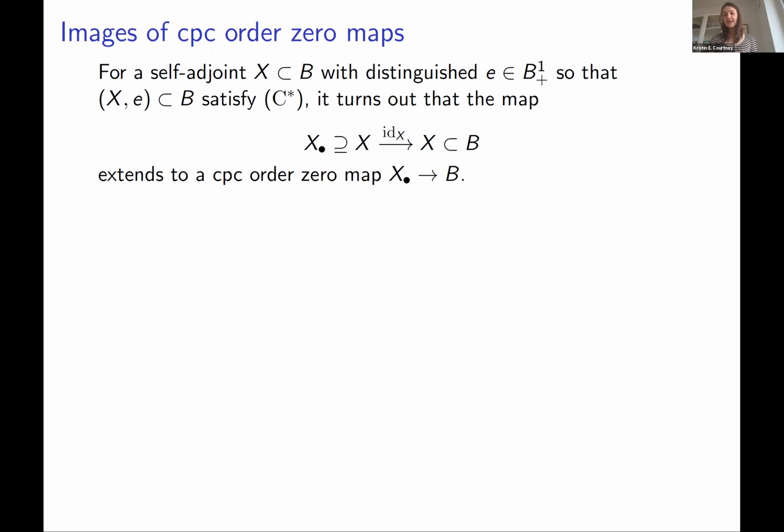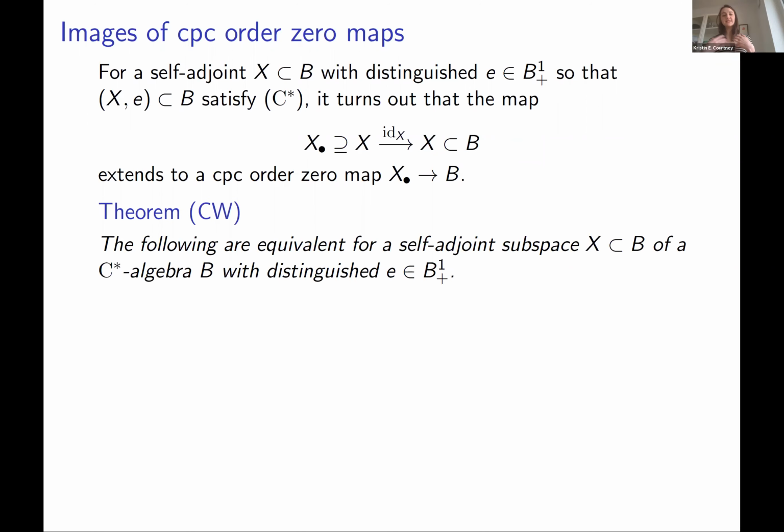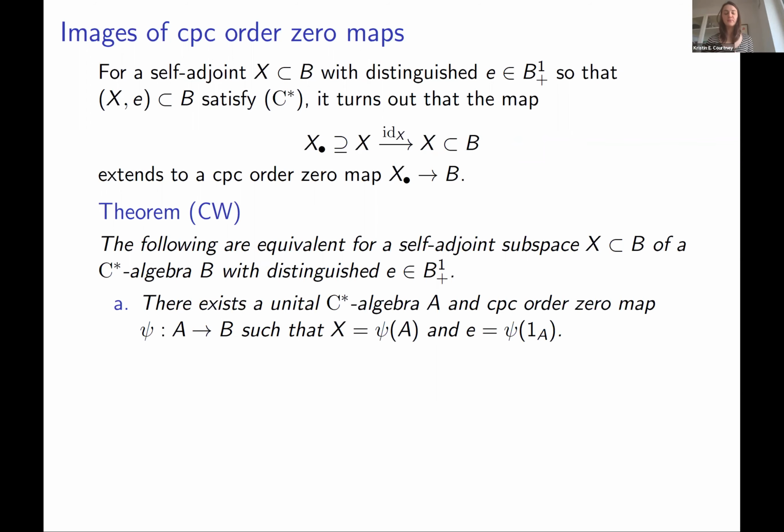And in fact, we can say more. And this is what I was alluding to before. The following are equivalent for a self-adjoint subspace of a C-star algebra with distinguished positive contraction in that C-star algebra.